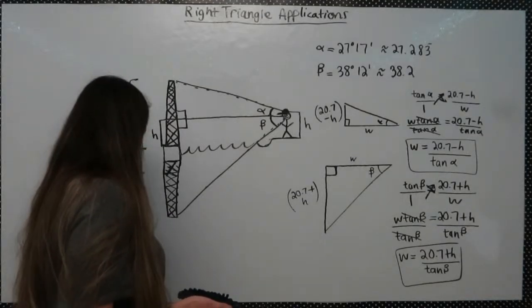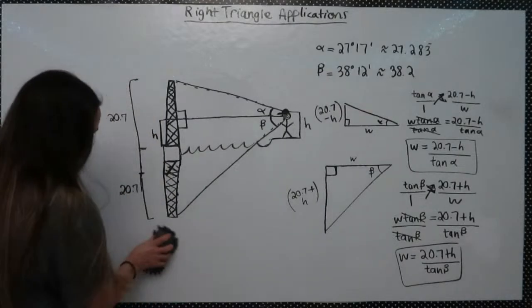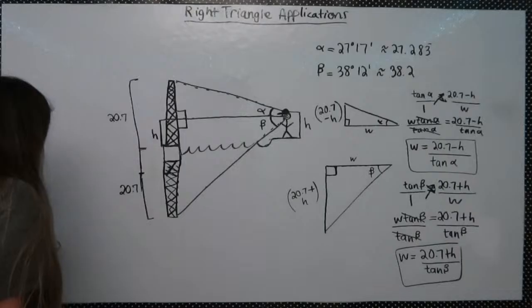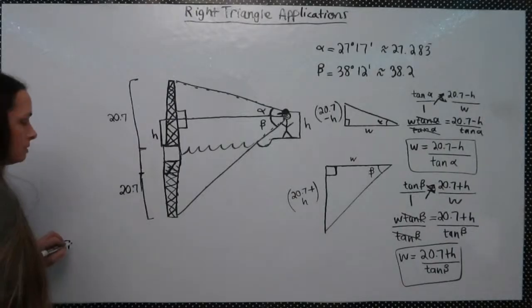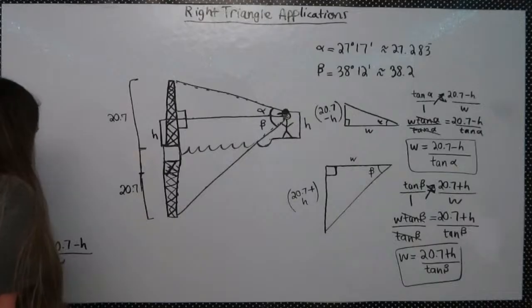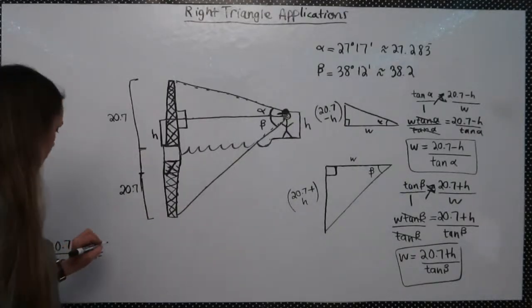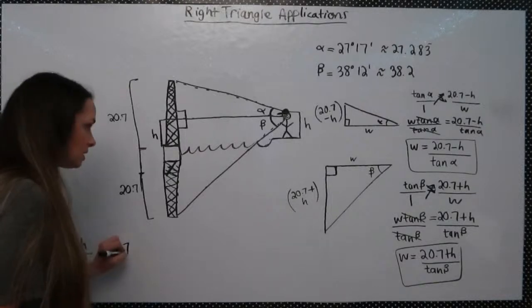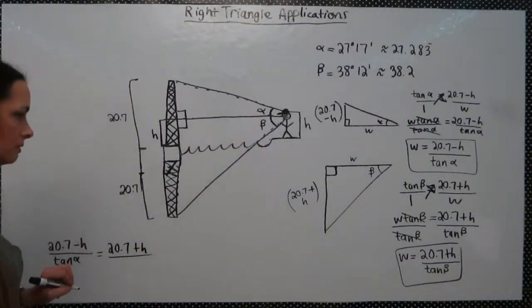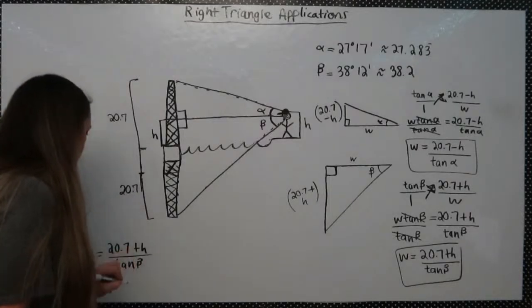So I'm going to say 20.7 minus h divided by tan alpha equals 20.7 plus h divided by tan beta.